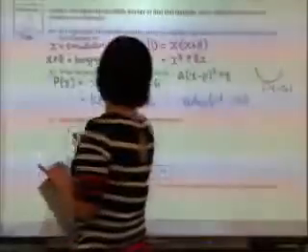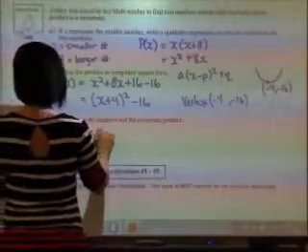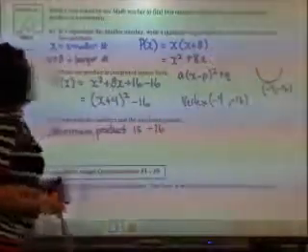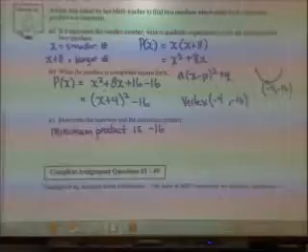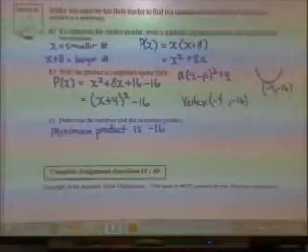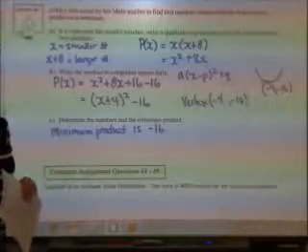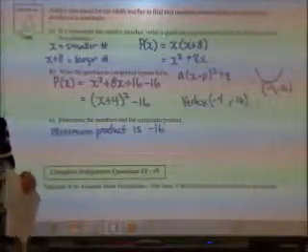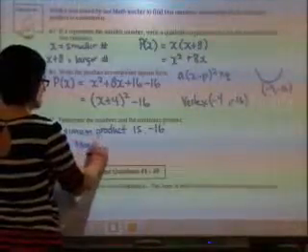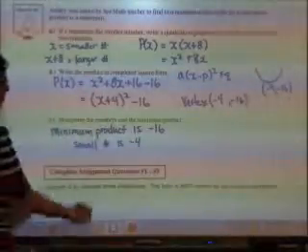Exactly. So the minimum product is negative 16. And what is the x value that gives me that minimum product? So when is it negative 16? At negative 4. So the smaller number is negative 4.